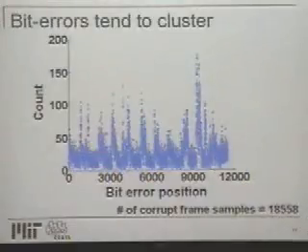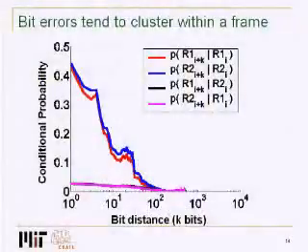The way to explain this is that this experiment was conducted using 802.11a at 48 megabit per second, so they happen to encode 192 bits per OFDM symbol. And when the receiver doesn't decode the symbol correctly, you actually nail down 192 bits.